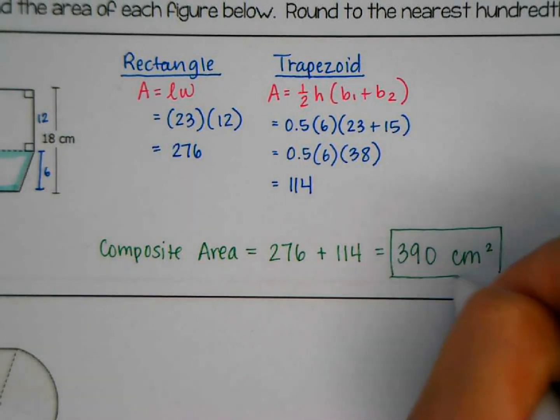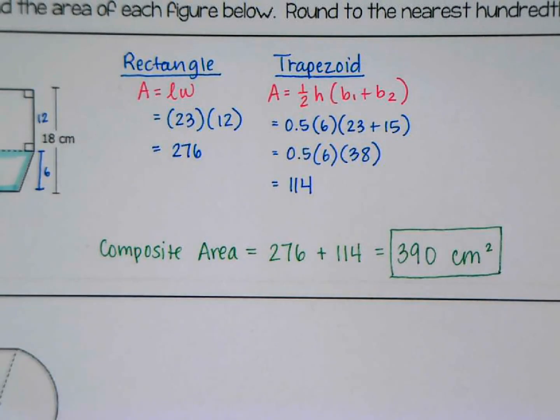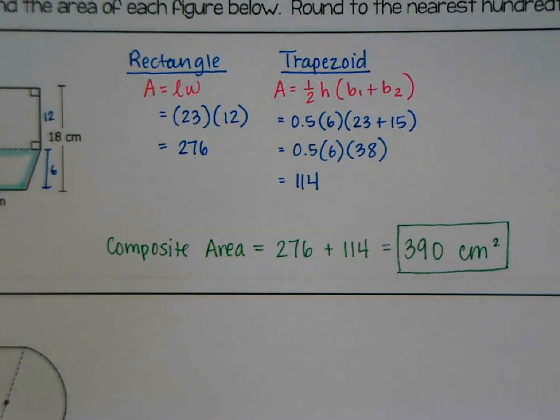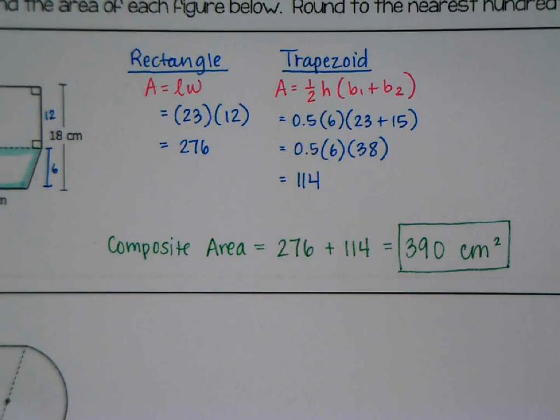If you just put 390, that's fine also. That's essentially it. You'll get maybe 2 or more area problems in one shape, and you just have to add them up at the end. All right.